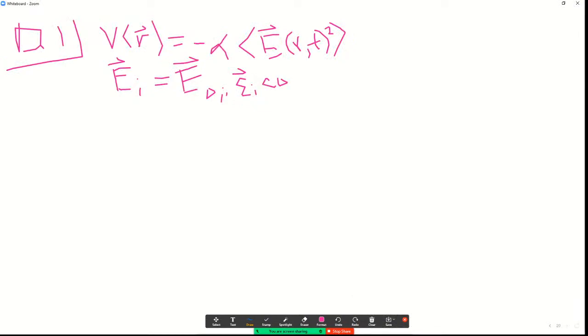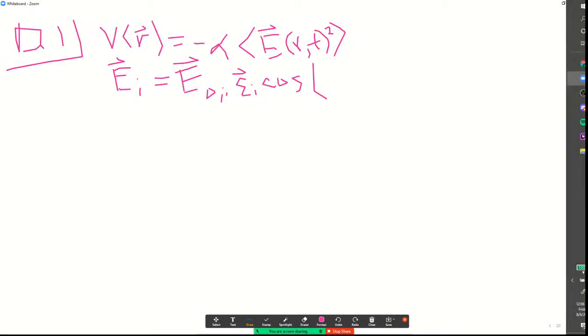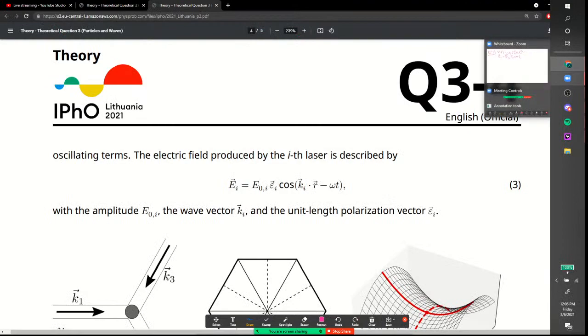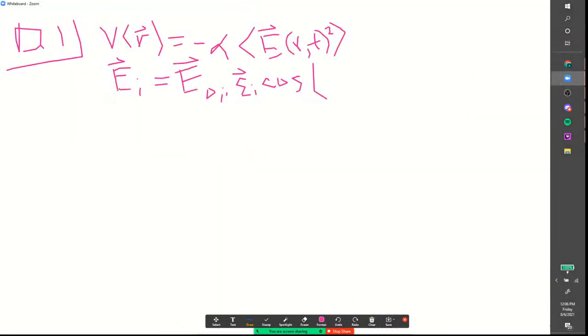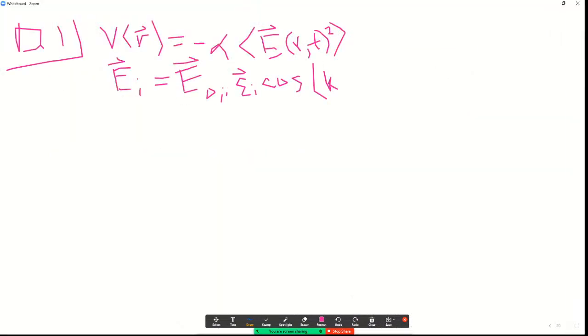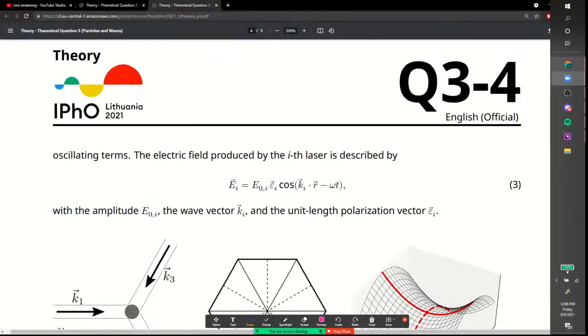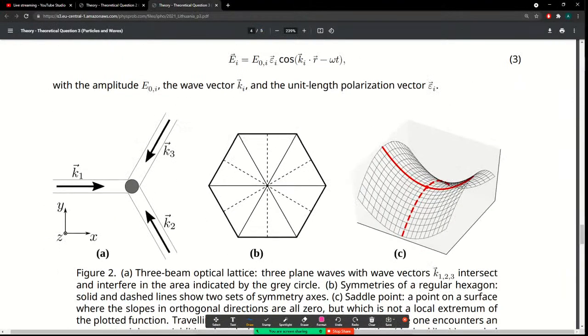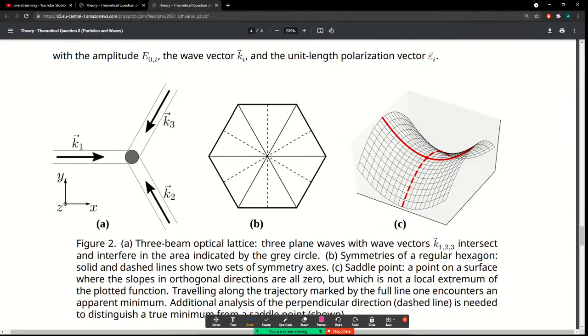This V of R is the potential energy of the atom, and this E is the electromagnetic function of that wave. And we average over time and make it a function of only distance.